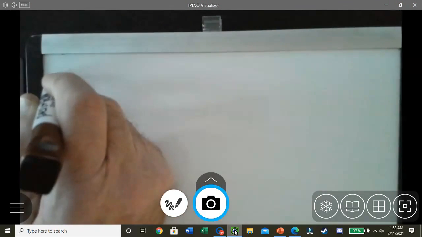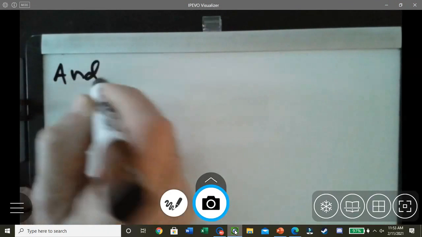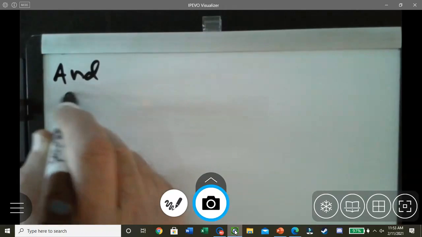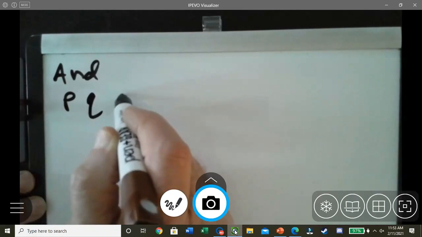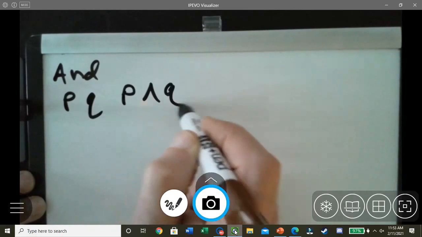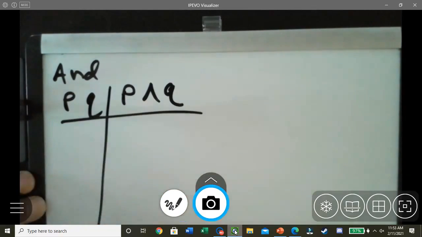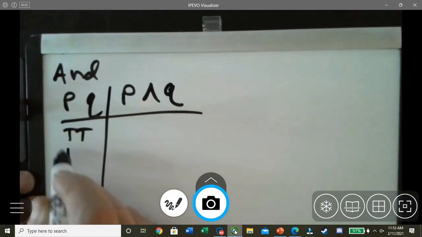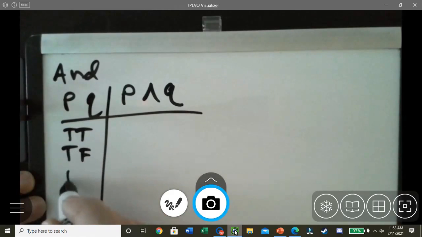So we're going to look at conditional statements. While that's going, let's go back over our tables real quick. Okay, we looked at and statements where we had P, Q, P and Q, right? And there, true, true, true, false, false, true, false, false.